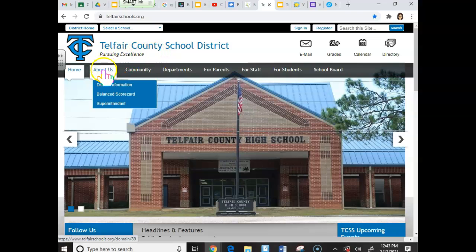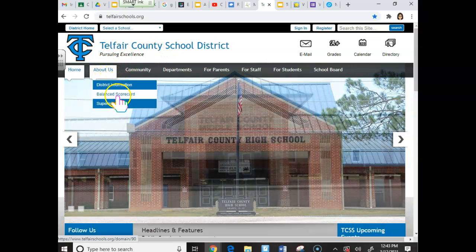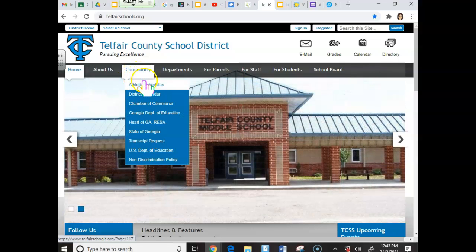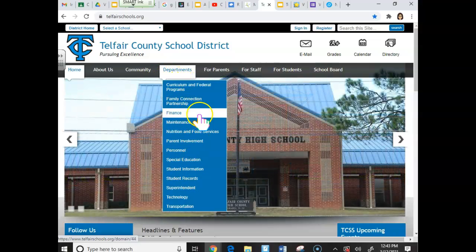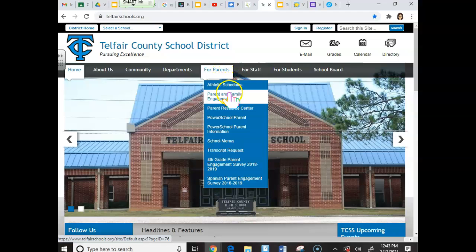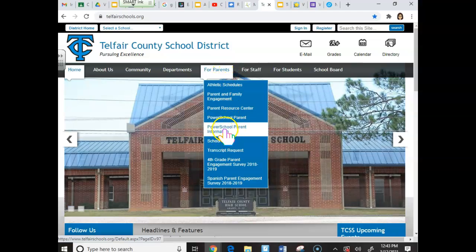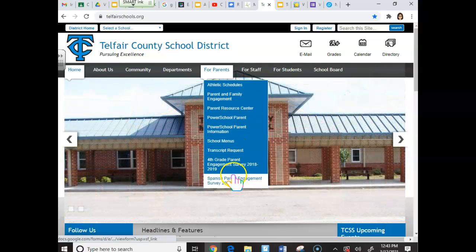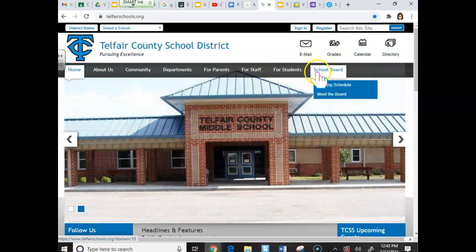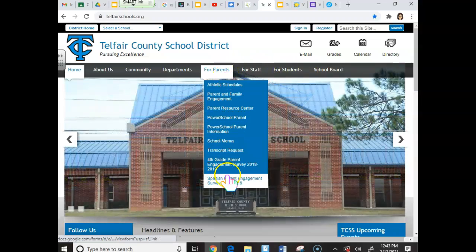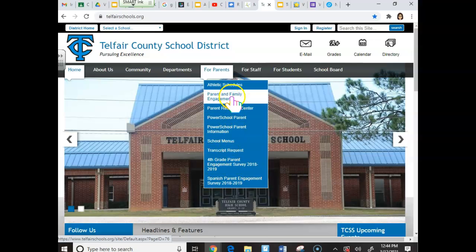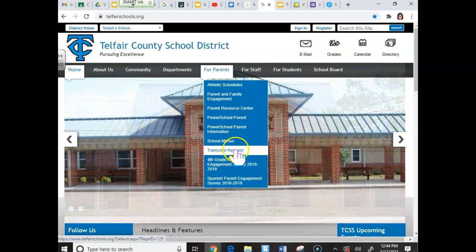So if you click on About Us, it shows up and you can click on what you want. Community, you move your mouse down and you would click on what you want. Departments, parents, parents could click here. Our other ones are too big to do that, but these you can click on. That is a different type of electronic menu, but both are the same. You have choices that you can choose, okay?